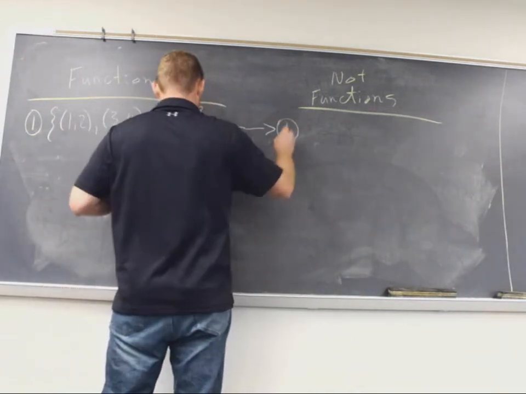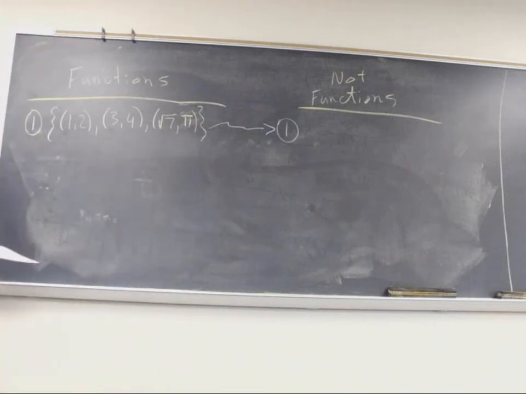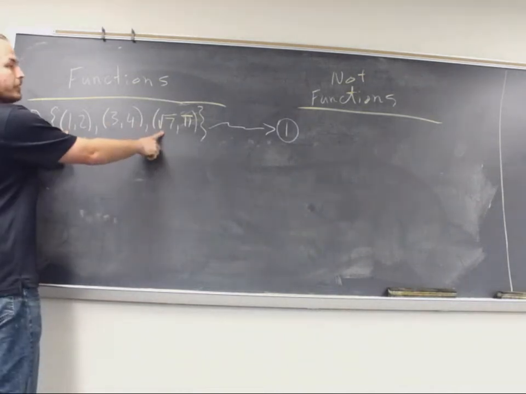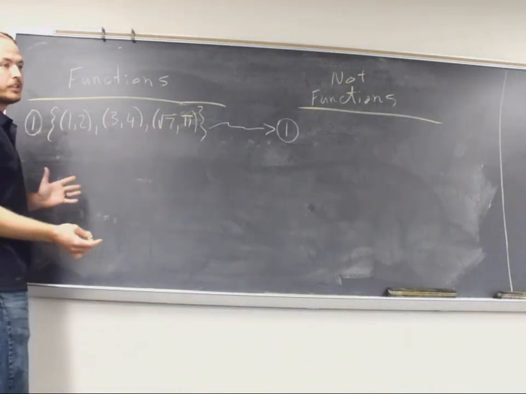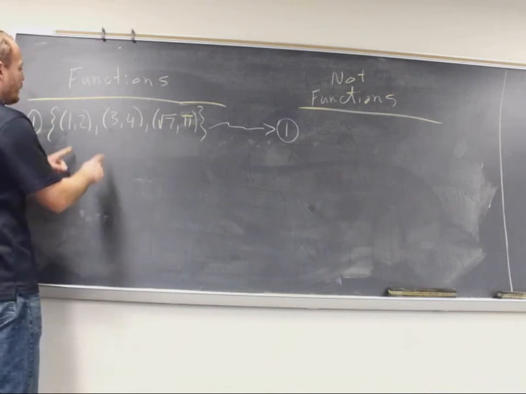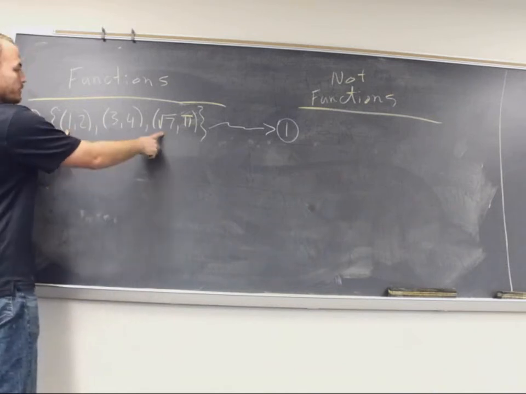So number 1 over here. And there are infinitely many ways to make this not a function. All I have to do is change one of these x values, and then it makes it not a function. But what do I need to change the x value to make it not a function? So I need to make one of these x values the same.